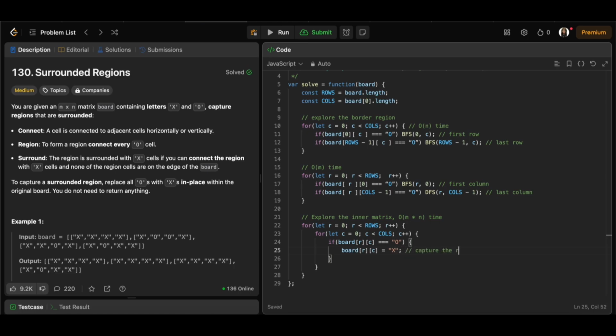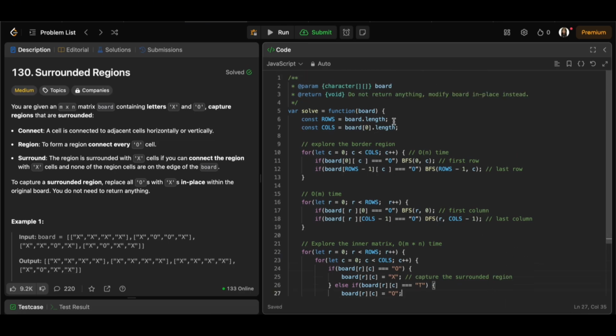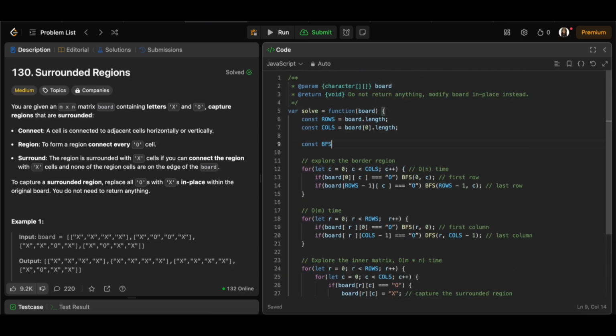Capture the surrounded region. Else if board is T or temporary, we need to release the border region, right? Okay. I think I just need to type it again.